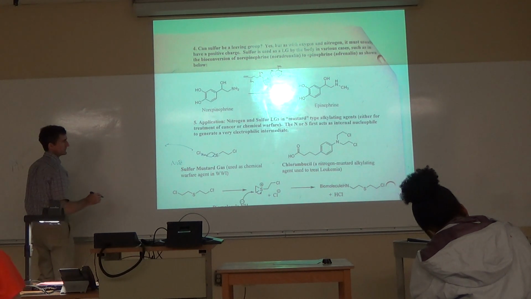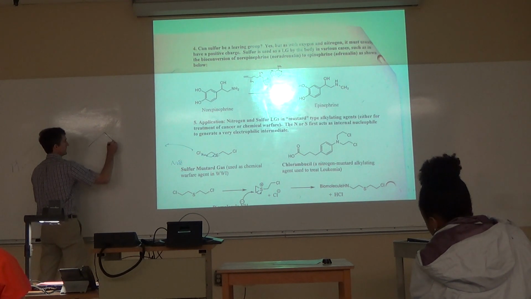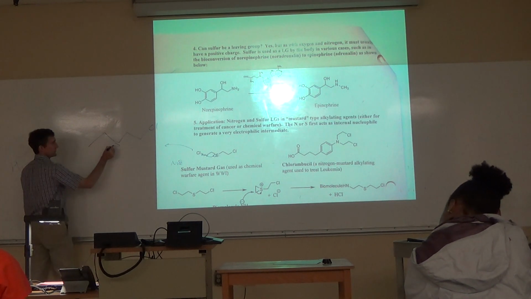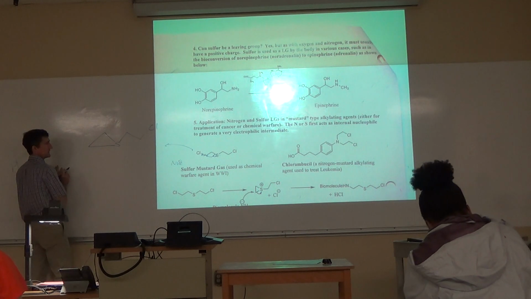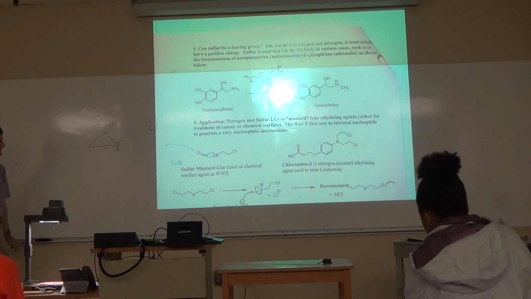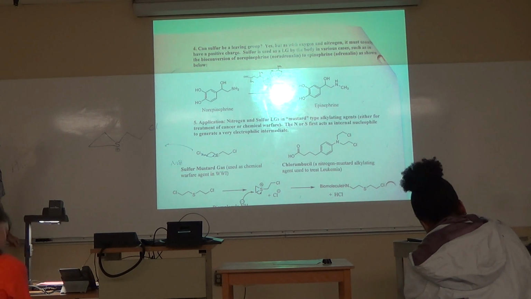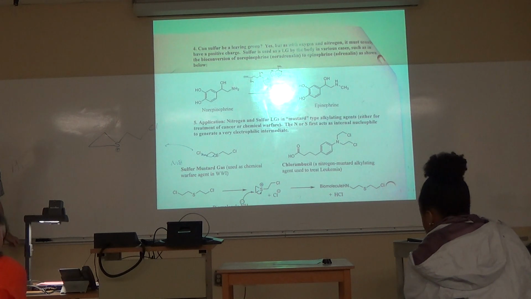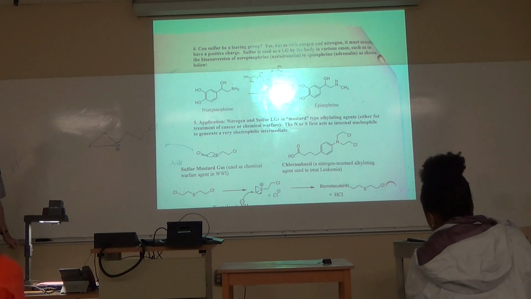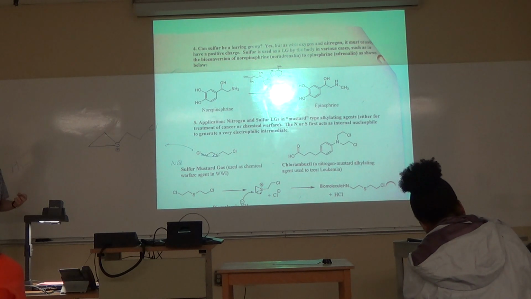What does that arrow movement mean? This sulfur is now bonded here, right? And what's the charge of the sulfur now? Positive. And this readily happens.